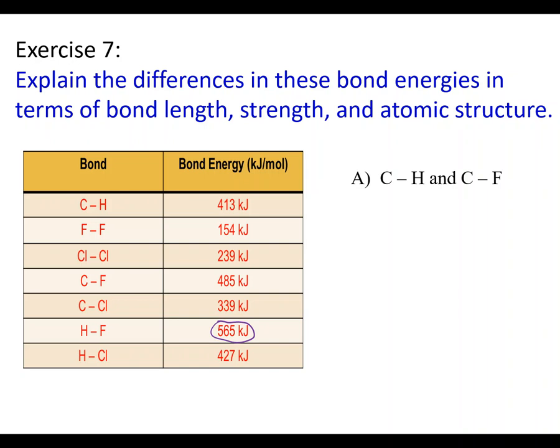But say we're just comparing it to one of these other ones over here. What would you expect, say, a double bond in terms of its bond energy? Would it be higher than or lower than a single bond's energy?